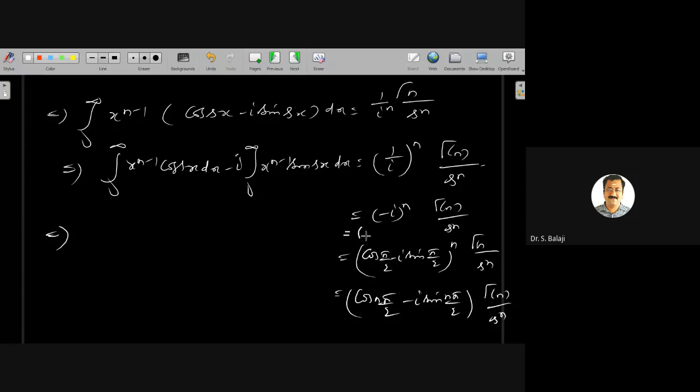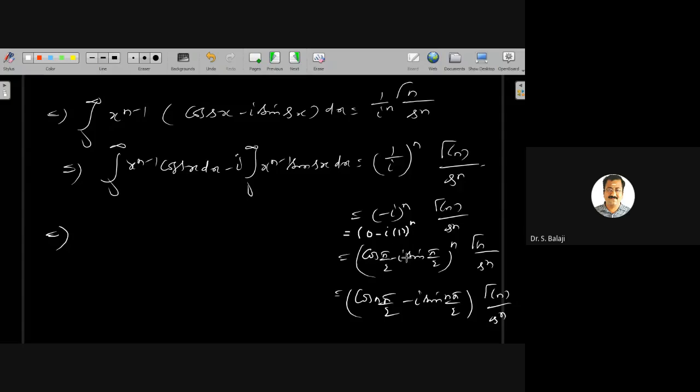For that purpose, minus i can be written as 0 minus i into 1, whole power n. This 0 can be written as cos pi by 2, so cos pi by 2 minus i sin pi by 2, whole power n.